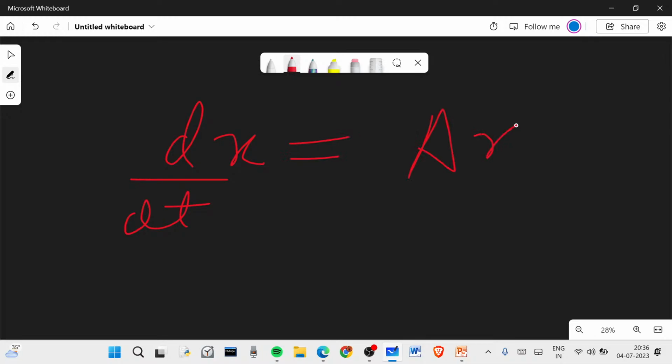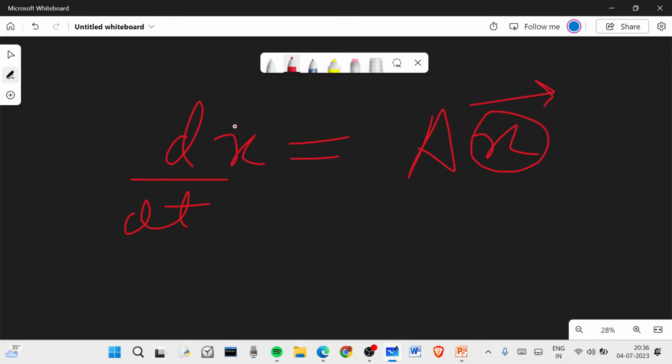But what was our second motivation? Our second motivation is that we try to solve this equation, d by dt of x, where x is a column vector, equals A times x, where x is again a column vector or a column matrix.